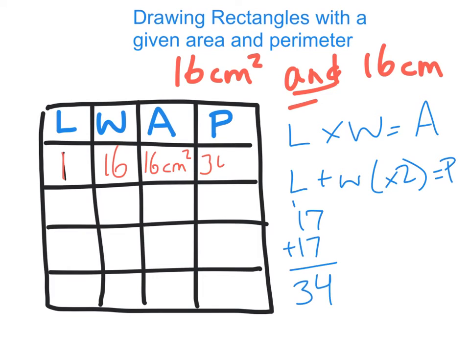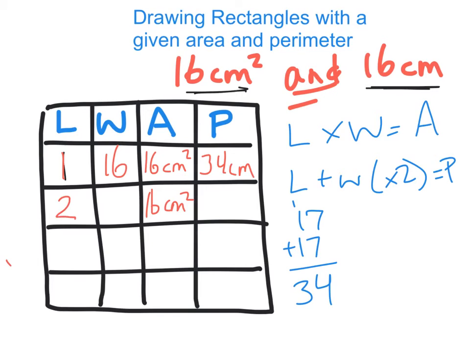Okay, that does not meet the criteria, does it? No, because we want an area of 16 and a perimeter of 16 centimeters. Okay, well, let's try another one. I'm going to look for another rectangle that has an area of 16. What else could we do?